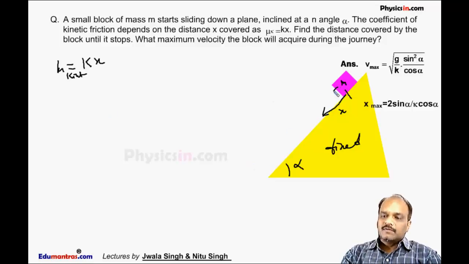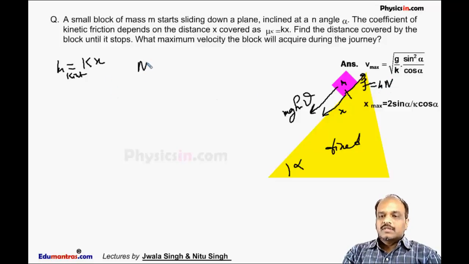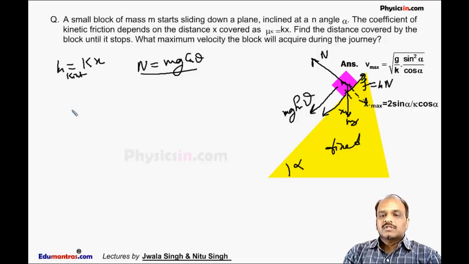Now we know when this block is falling in this direction, the force is mg sin theta, and the friction here is mu times the normal reaction. The normal reaction will act in this direction, mg is acting like this, so the component of this mg is mg sin theta and this component is mg cos theta. So the normal reaction is mg cos theta.